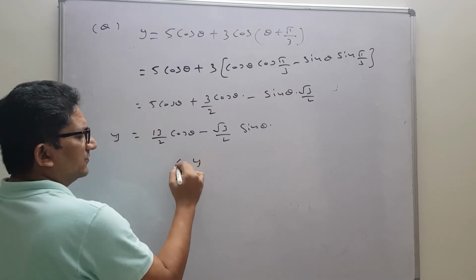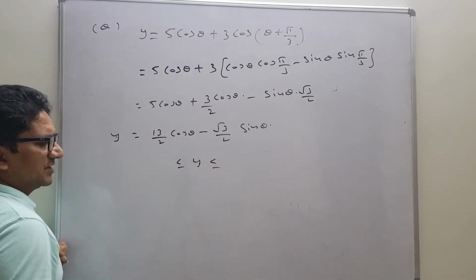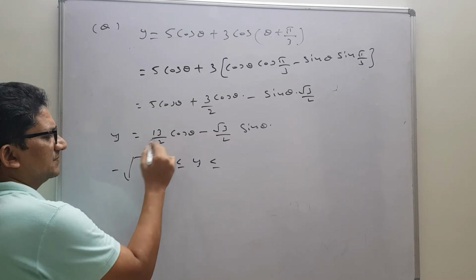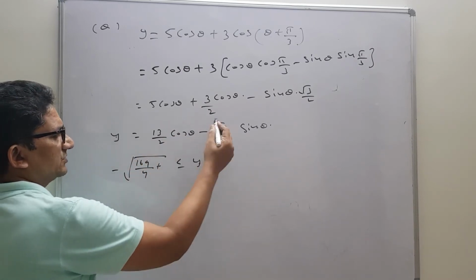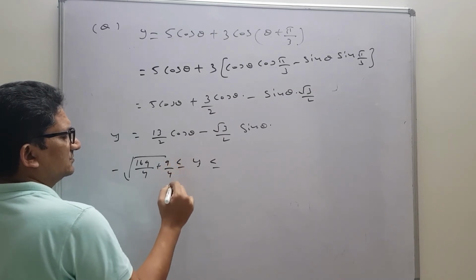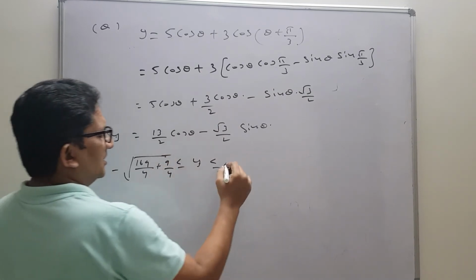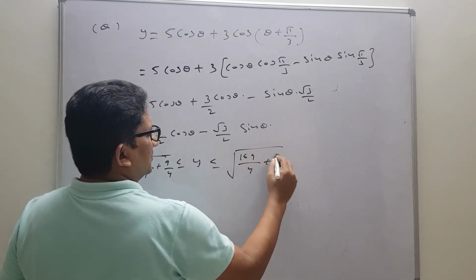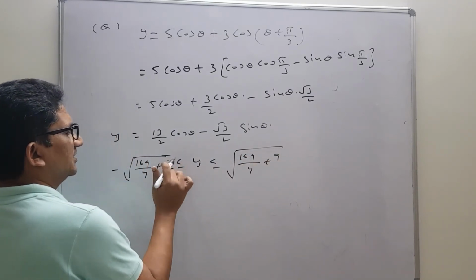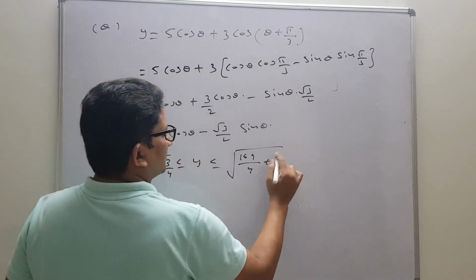Now if you go for the range of the function, minus root of a square plus b square, that is 169 by 4 plus the square of this one.